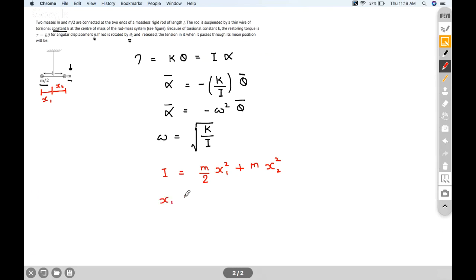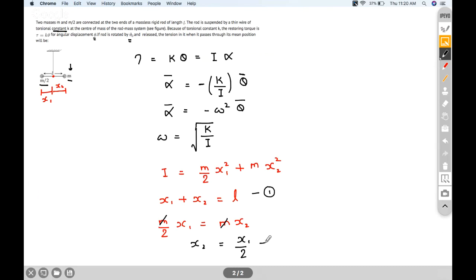We know that x1 plus x2 equals L. If this point is the center of mass of the system, then m by 2 into x1 should equal m into x2. From here you get x2 equal to x1 by 2.